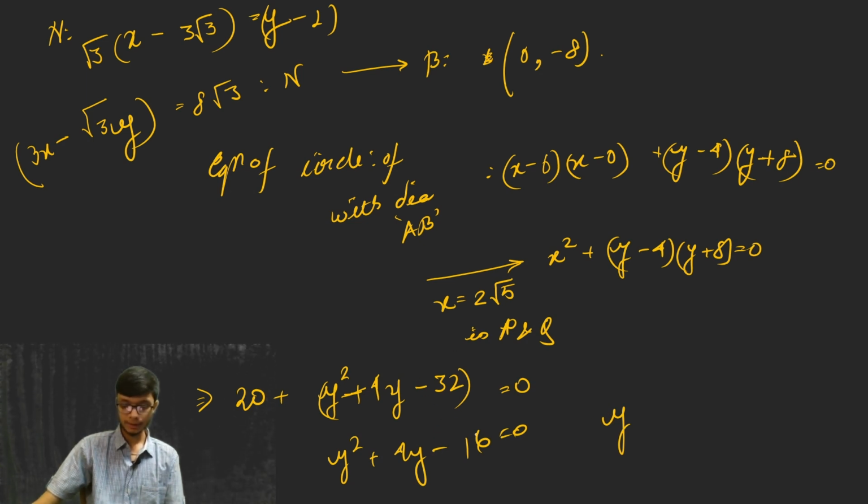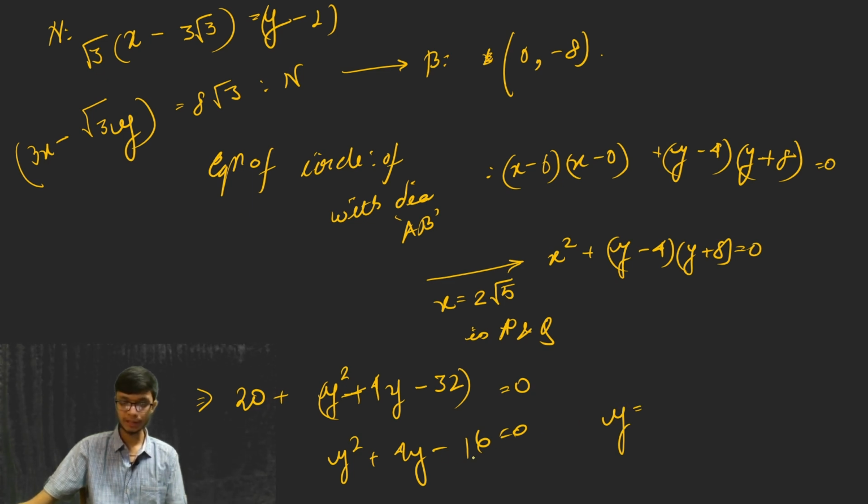I guess I have done it correctly. From here, you can use the quadratic formula for solving this, and you will get the value of y and x also. You will get the two roots.